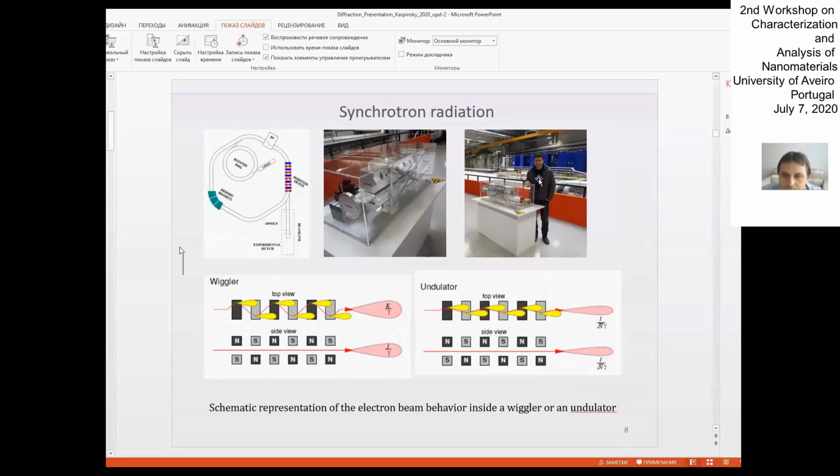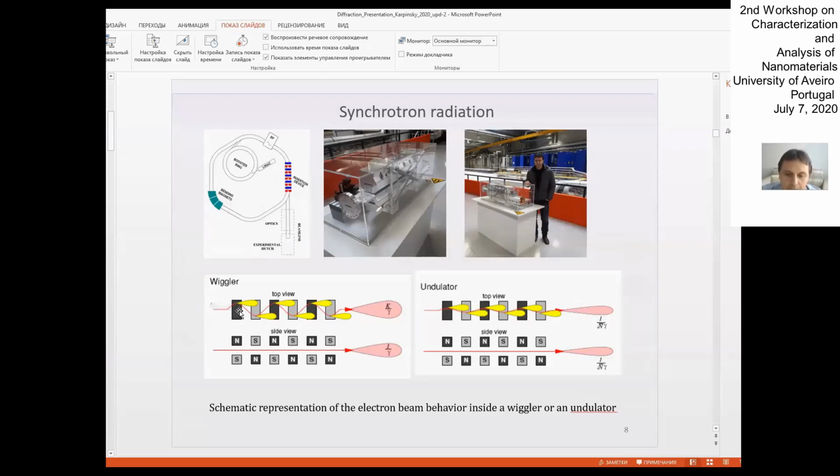Please explain one more time the Wigler top views. I'm not getting how it works, Wigler. Yes, so we have this storage ring, and when we put in a Wigler, the electron trapped inside this device starts to deviate from its initial trajectory.